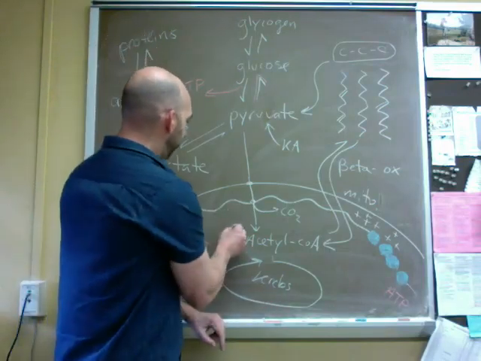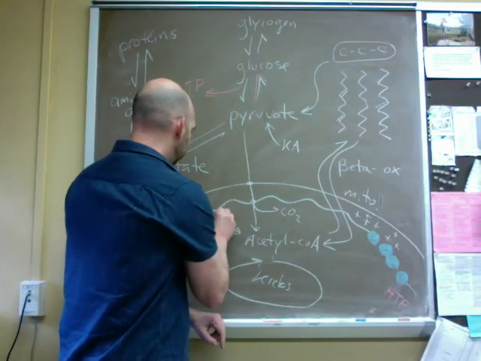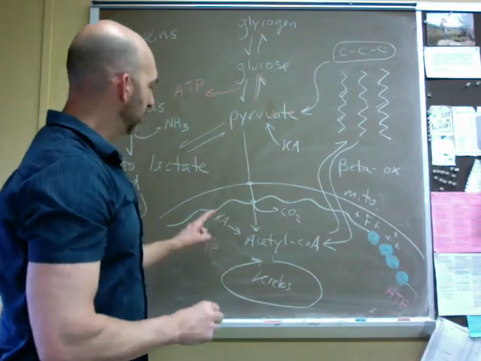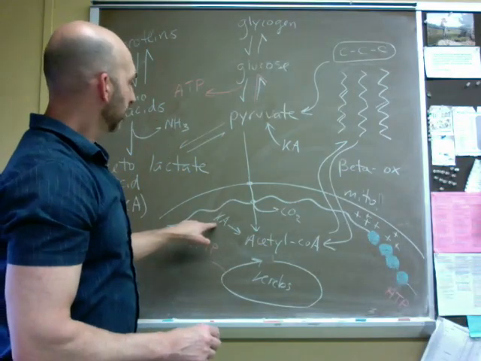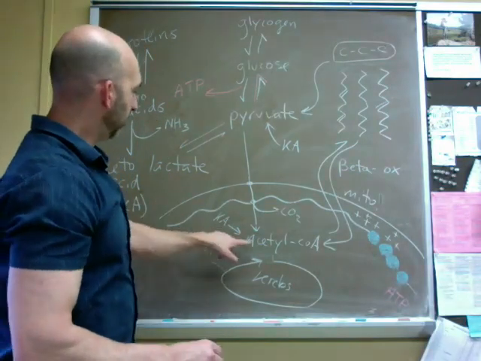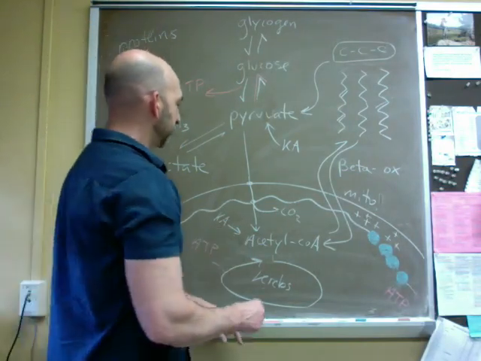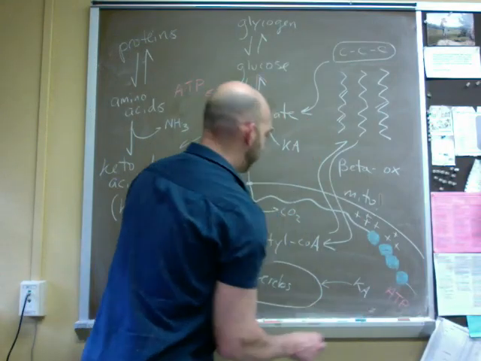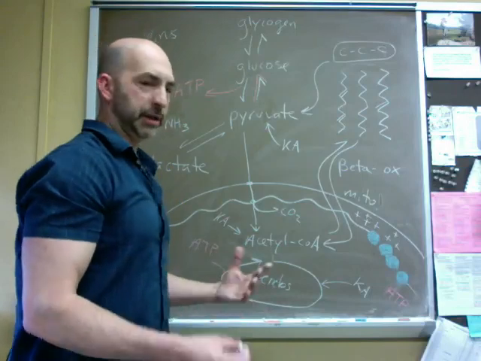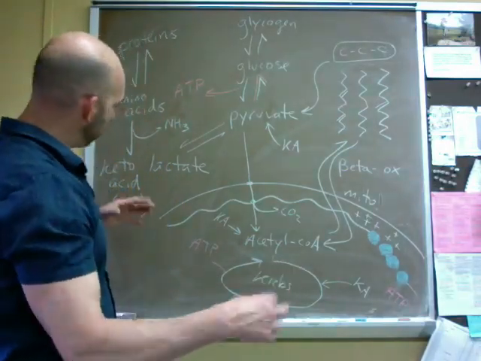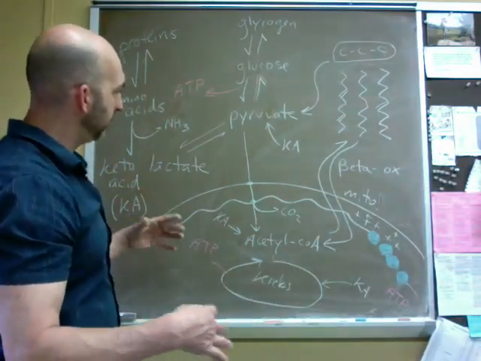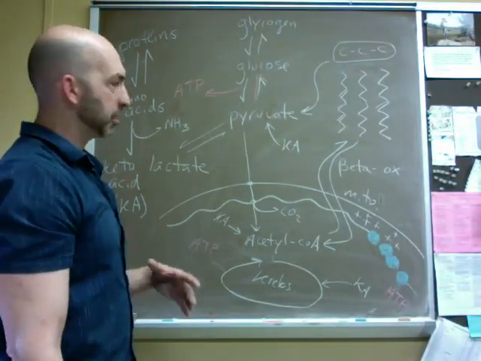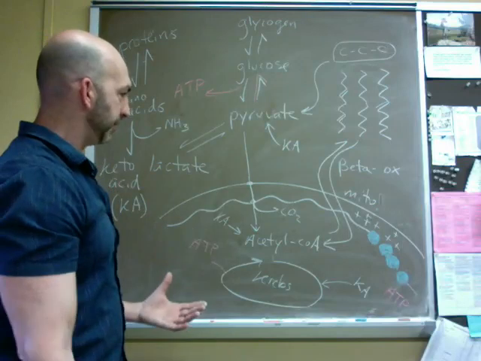Many of them will funnel in here as ketogenic amino acids, right? And so we can form acetyl groups, and then others will funnel in as different intermediates within the Krebs cycle based upon their structure. So again, we're getting our carbon from protein into the system, but because of the differences in structure, it can funnel in at a variety of different locations.